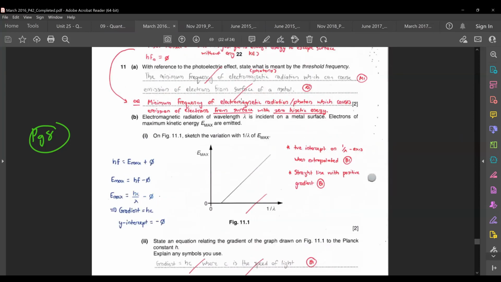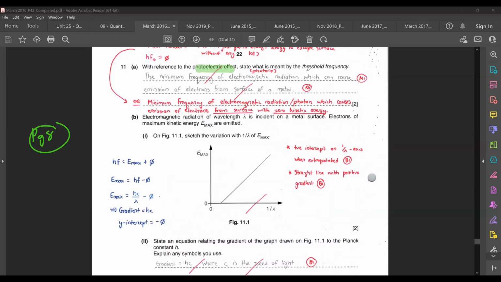With reference to the photoelectric effect, state what is meant by threshold frequency. So threshold frequency is simply the minimum frequency of electromagnetic radiation which can cause emission of electrons from the surface of a metal. So when it comes to threshold frequency, it is the minimum frequency to cause photoelectric emission.